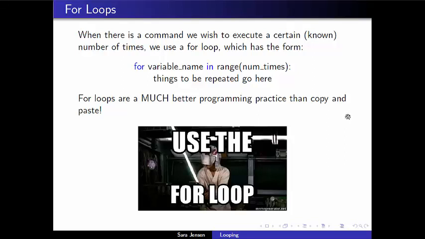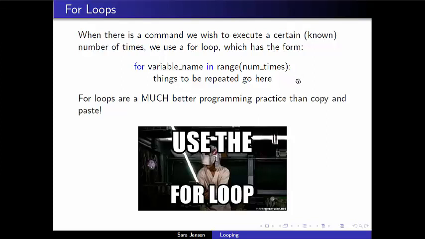And one of the biggest fears with copying and pasting is if you haven't done it correctly the first time, and then you copy and paste it over and over and over again in your code, then you will need to change and fix that mistake over and over and over again in your code. When you write the code to be done inside the block of a for loop, if there's a mistake, you only need to change it in one location, and that makes your life as a programmer much, much easier.